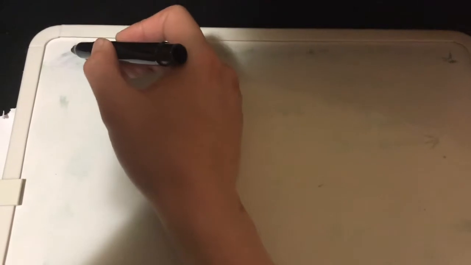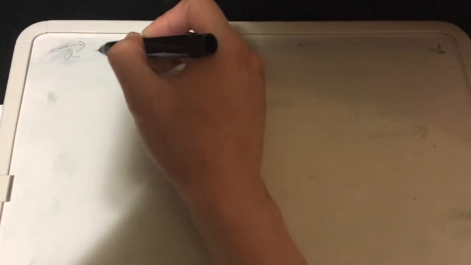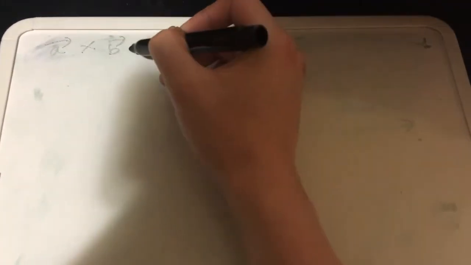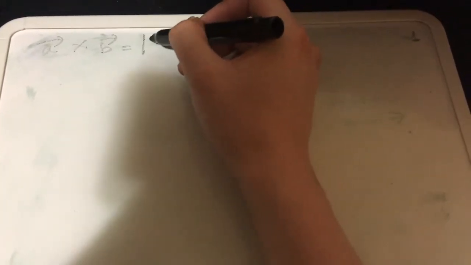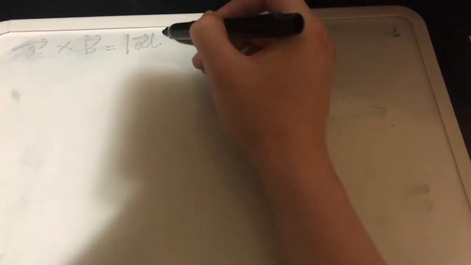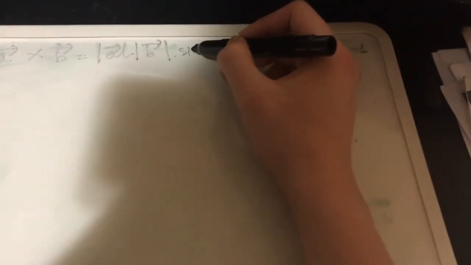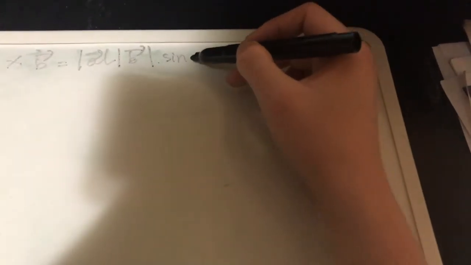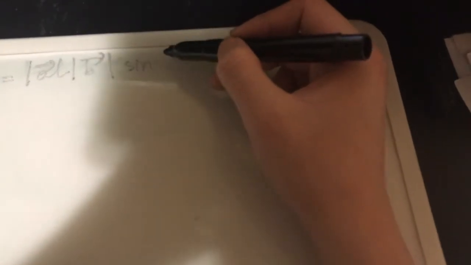Okay, so the cross product is written as vector A cross vector B will equal the magnitude of vector A, the magnitude of vector B, and times the sine of the angle between those two vectors.